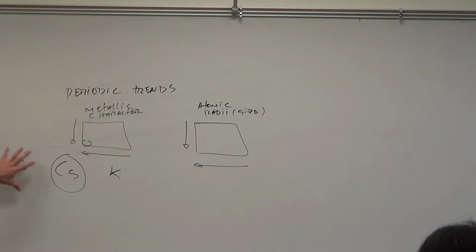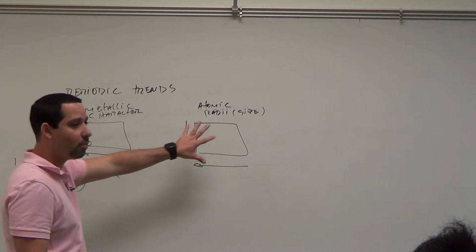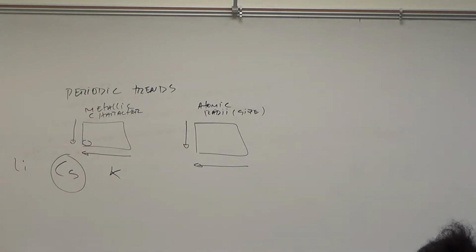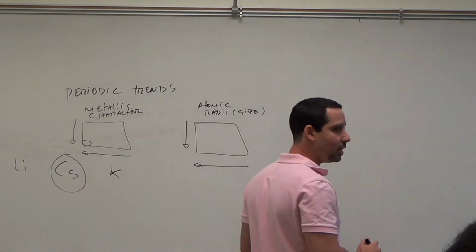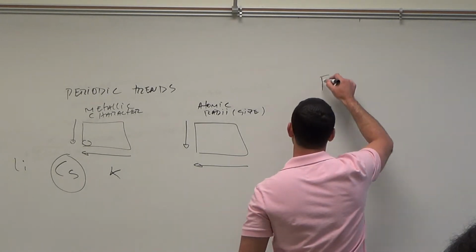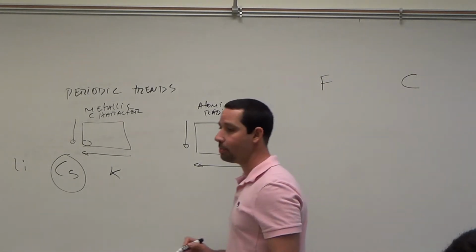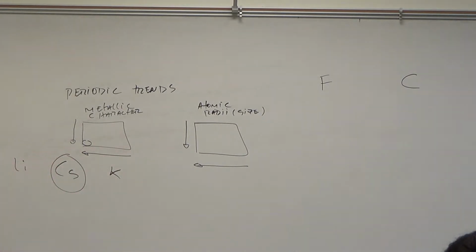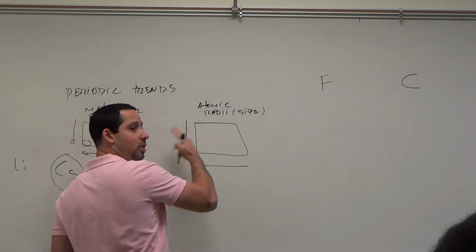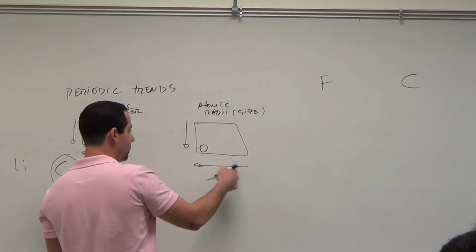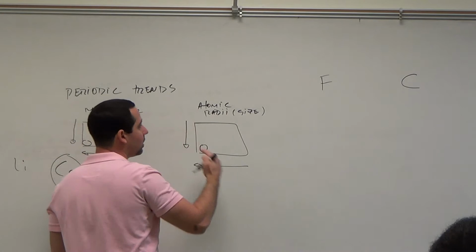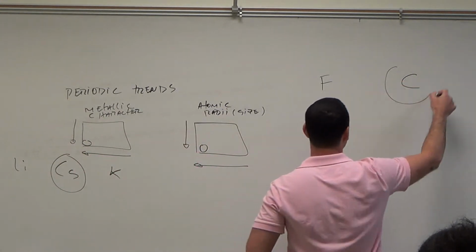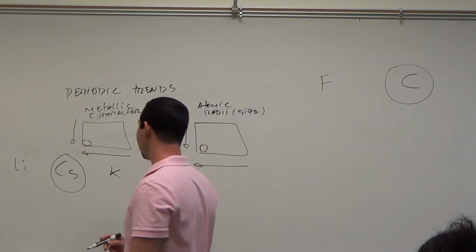It's easy because once you know how to do it for one, all you have to do is memorize the rest of them, and then you apply the same thing. So that's atomic radii. Which one is bigger, fluorine or carbon? Carbon is bigger because it's more towards the left. That's what this says, increases this way, more towards this side. So carbon is big. Fluorine is very small.